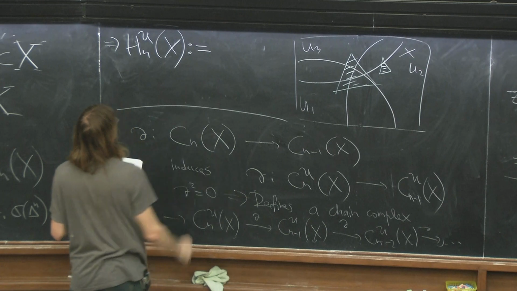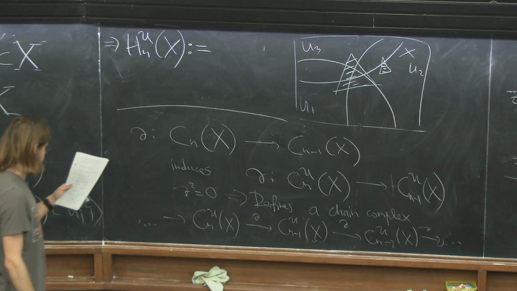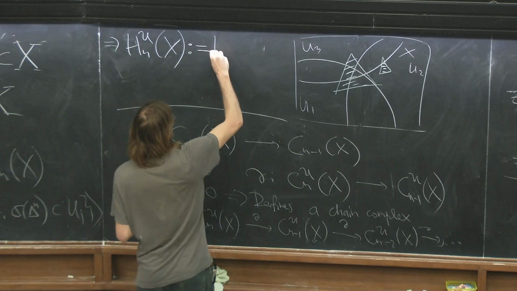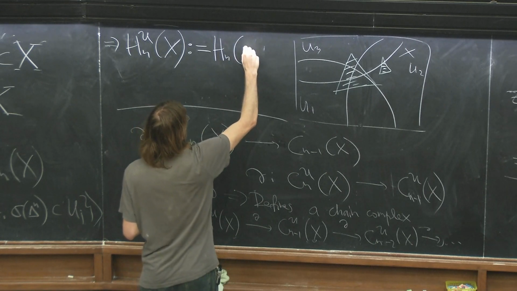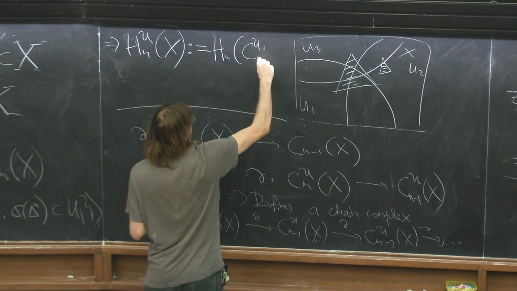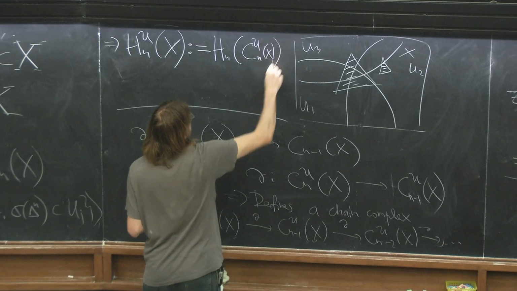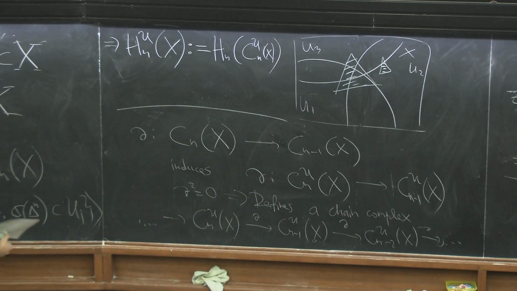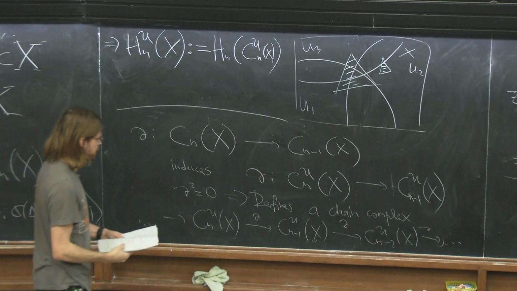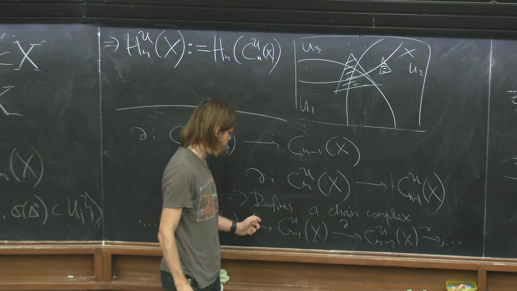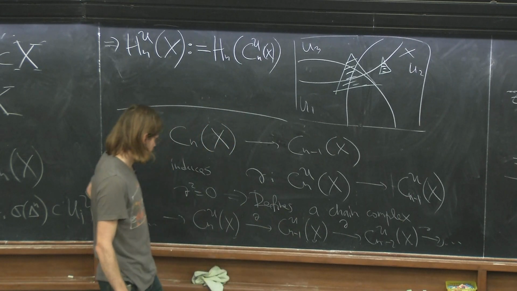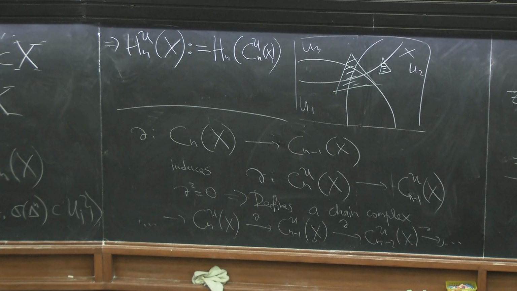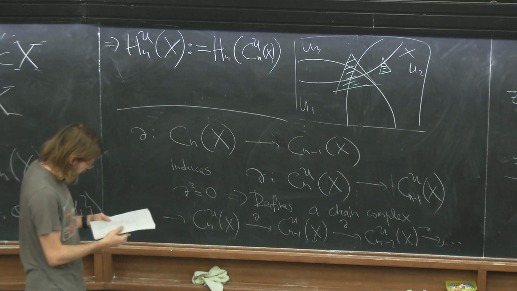We define this Hn U of X as just the homology group of this chain complex. In general, it is the kernel of D divided by the image of D at each of these places. Okay.